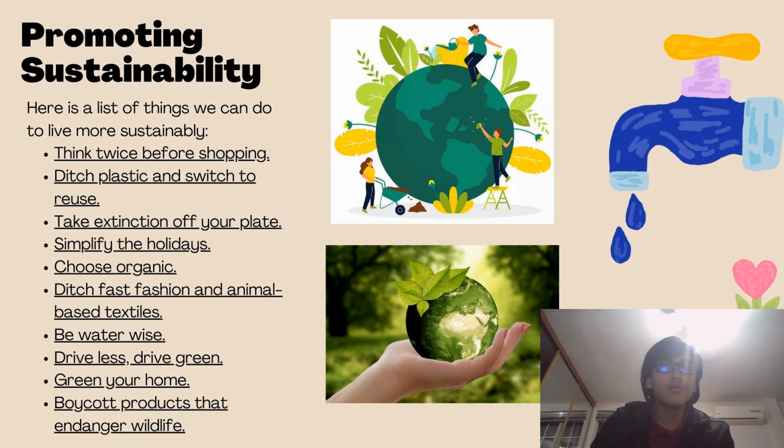So first, think twice before shopping, ditch plastic and switch to reusing, take extension off your plate, simplify the holidays, choose organics, ditch fast fashion and animal-based textiles, be water-wise, drive less, drive green, clean your home, and boycott products that endanger wildlife.